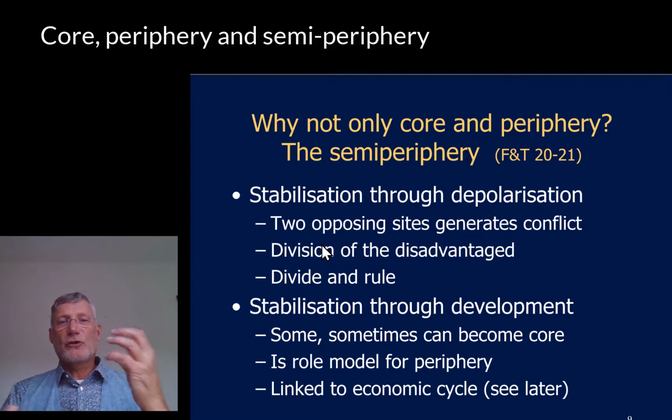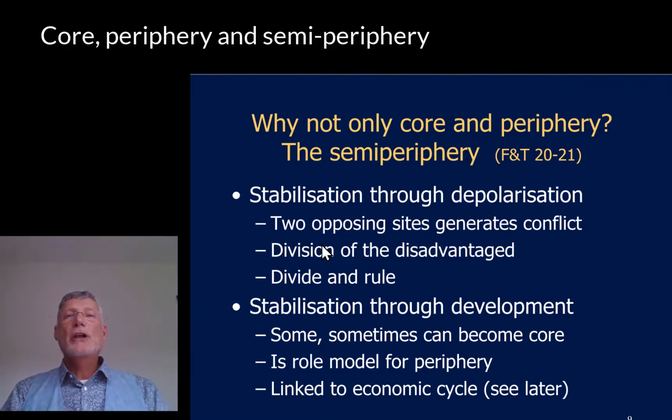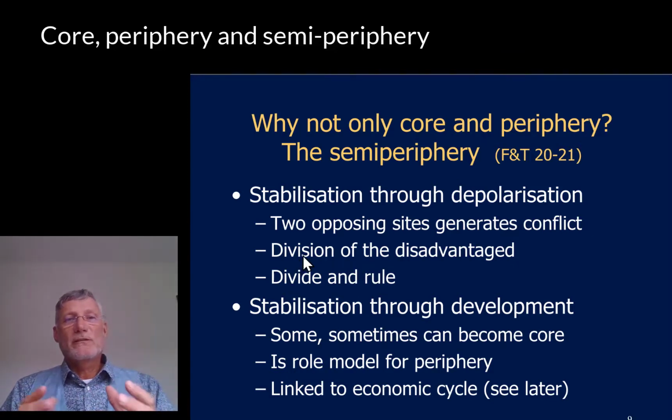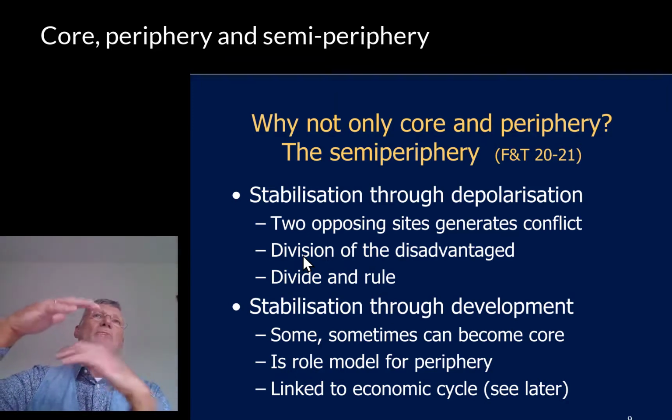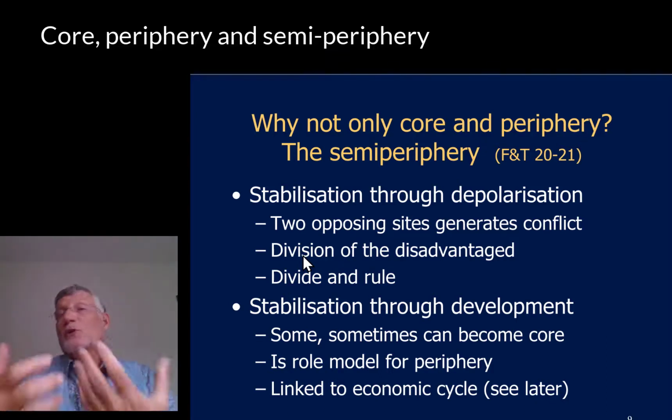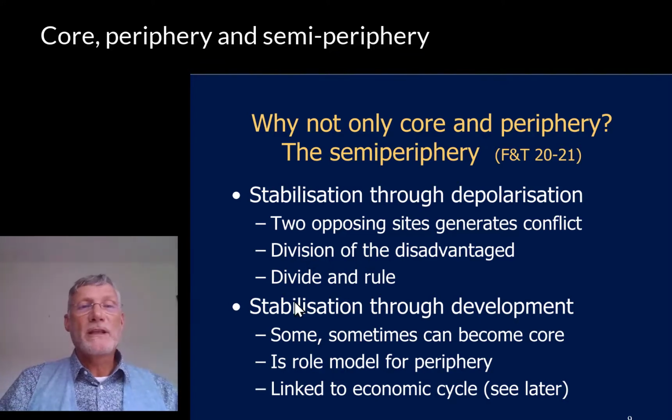If you have just a core and periphery, well, that's so unequal that it would generate a lot of conflict. So it's better when the periphery also has a part which is already a bit more like the core, or has the hope to become like the core. Well, they won't object too much to the system because they also profit from it. You can call that, on the one hand, divide and rule. On the other hand, that's linked to the stabilization through development.